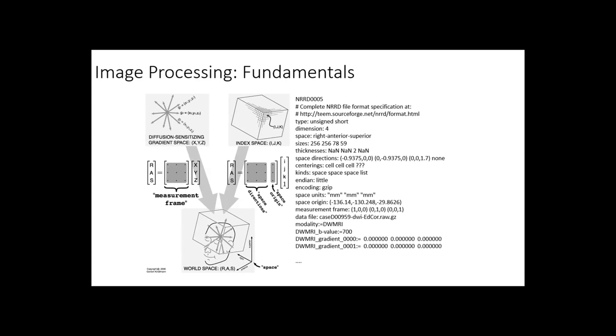All imaging data is stored in this file, which is just a binary file. You can read this file if you can read the header right. And now the industry standard is what we call Nifti.